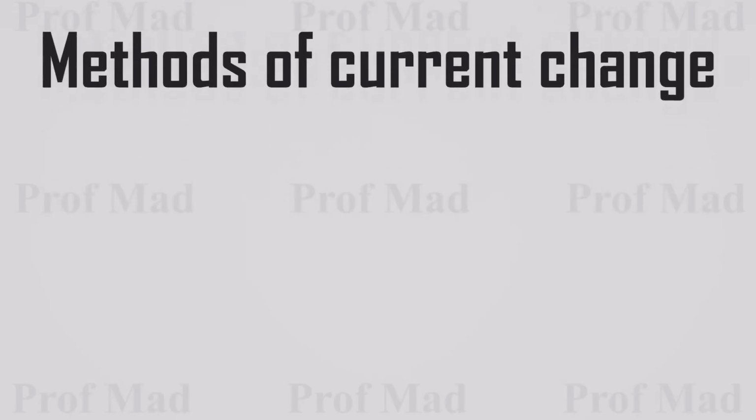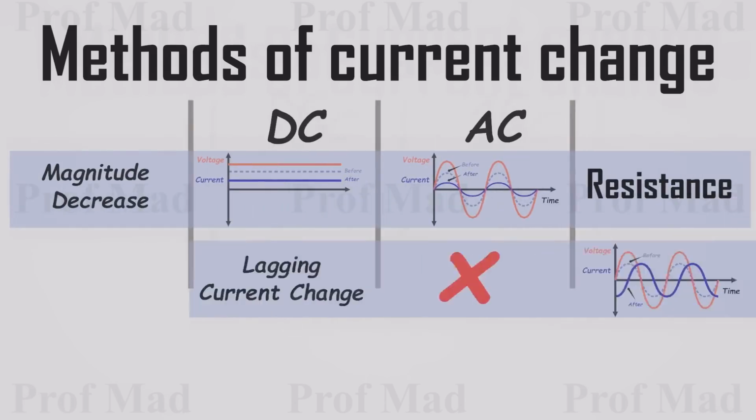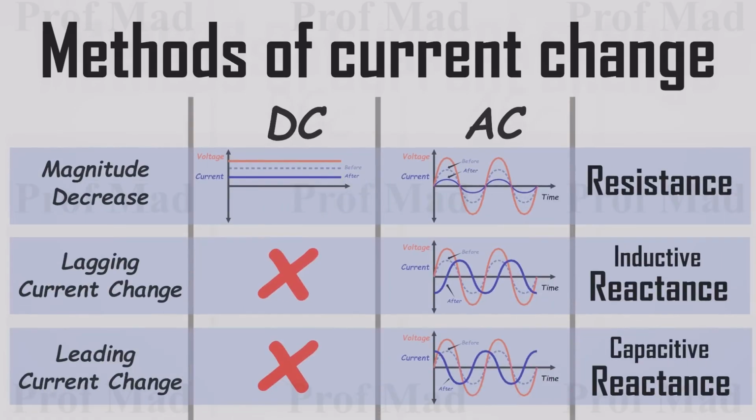Now that we understand how different types of components affect the current in a circuit, the three primary factors influencing current are resistance, inductive reactance, and capacitive reactance. Resistance consistently decreases the current and is observable in both AC and DC circuits.